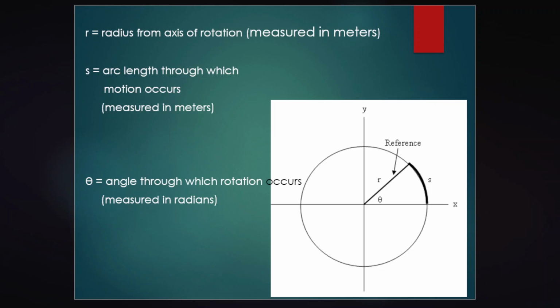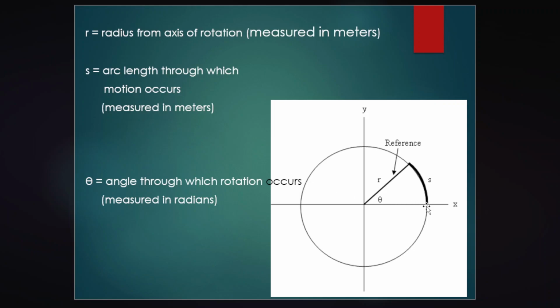So radius from the axis of rotation, general units are in meters. A nice little circle diagram here. However far away from your axis of rotation, from that center point, the pivot point, out to wherever you're examining, that's your radius. S is arc length.